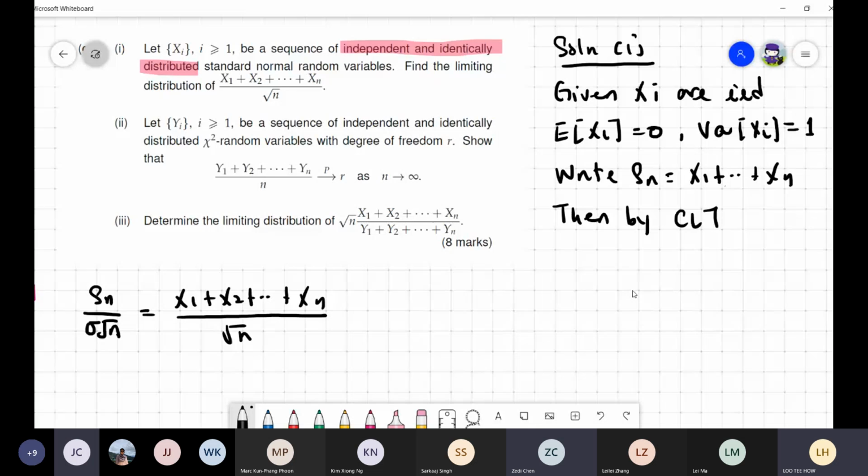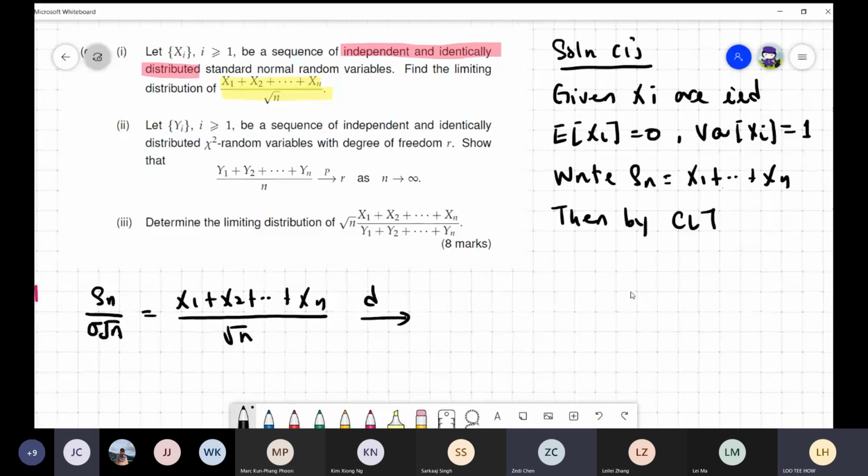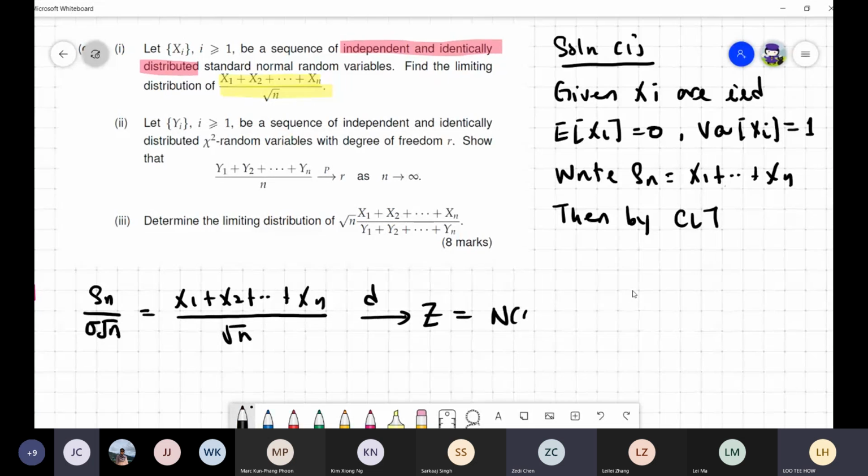Exactly, this is the thing that we want to find, right? This part will converge to, maybe I'll put Z, a standard normal distribution. Okay, so this is part 1.